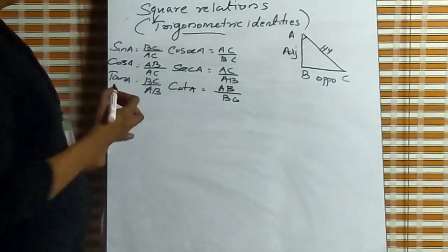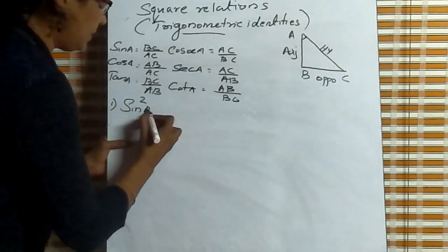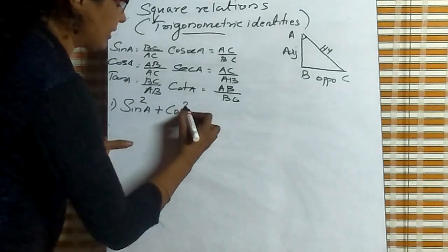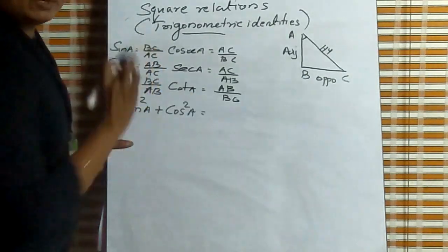Now, our first relation is sin square A plus cos square A equals what? Sin A is BC by AC.